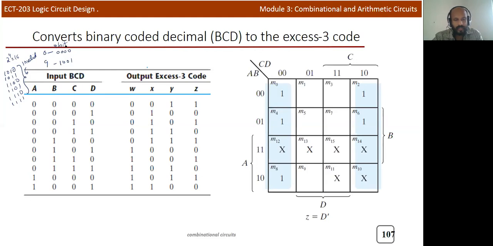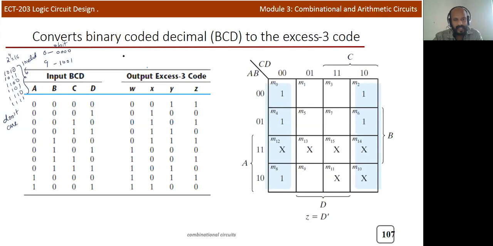By using 4-bit binary you can write from 0000 to 1111, so 0 to 15, but in BCD we are only using up to 9. So the other codes are considered as invalid codes or don't care conditions. We will not expect such inputs in the case of BCD, because the input is BCD.